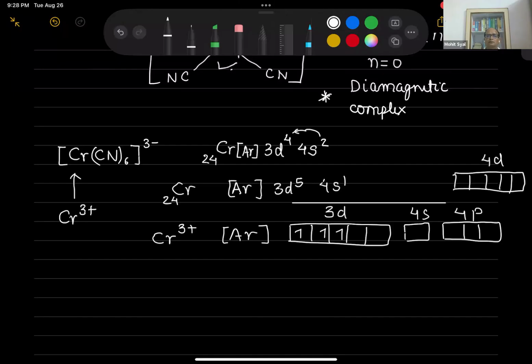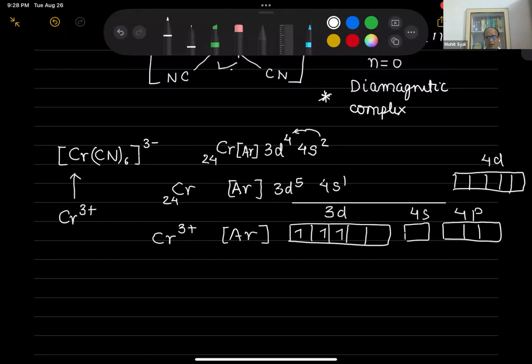So will they remain unpaired? Yes. Why will they remain unpaired? They will remain unpaired. Even with strong ligands, there is no need to pair them up. Why?